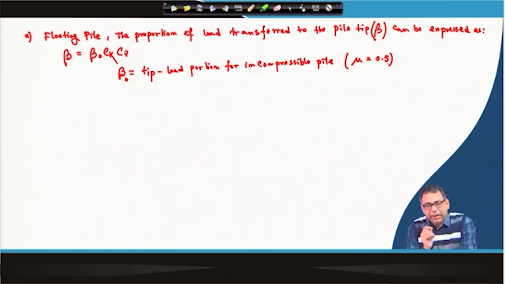But if the pile is not incompressible and mu is not 0.5, then you have to apply two correction factors. Those two correction factors are C k and C nu.